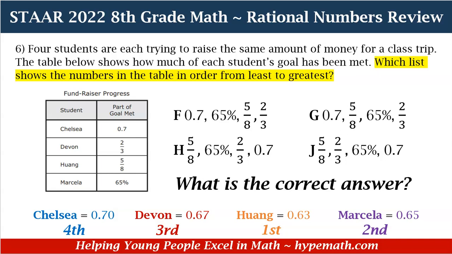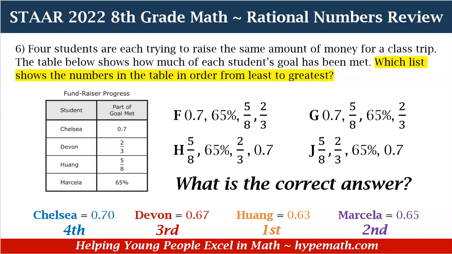So now that we know 5/8 should be first, that means we can eliminate F and G, right? Because it starts with 0.7, and no, that is not correct. 5/8 should be first because we are ordering from our least, which means smallest number, to greatest, which means our largest number. Second is Marcella.